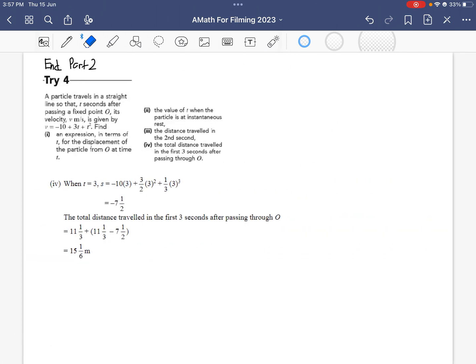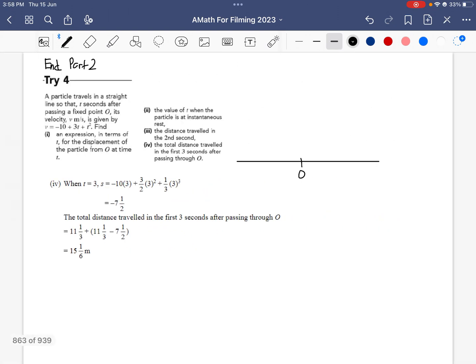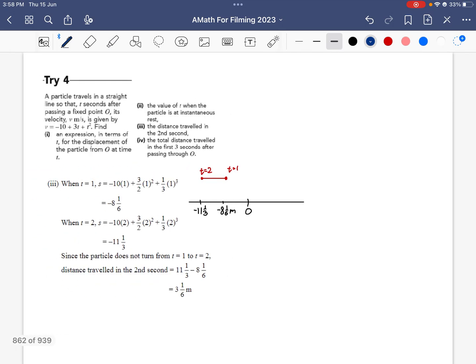Now, part 4 is the total distance traveled in the first 3 seconds. Remember where it U-turns? It U-turns at t equals 2. Let me draw a diagram to help you understand this question a bit better. At t equals 2, the particle is at negative 11 and 1/3. So it U-turns one time at t equals 2 seconds. The particle is actually moving backwards from the start, until t equals 2, where it U-turns.